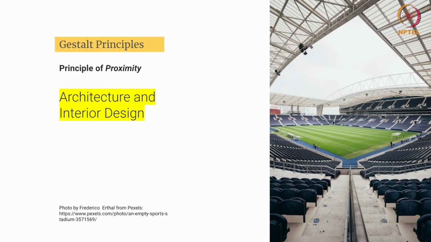And this can also be observed in theater halls when you book seats, even in an airplane, if you're using a flight for your travel. Again, the seat arrangements are being addressed using the principle of proximity.